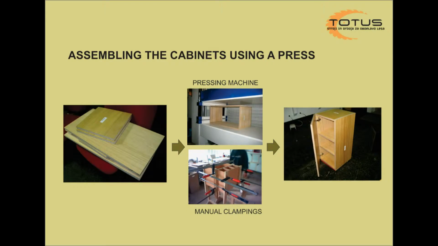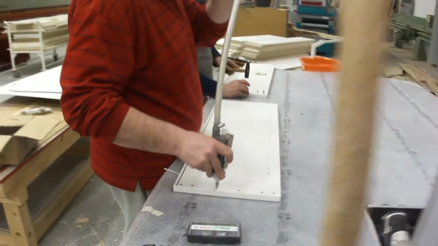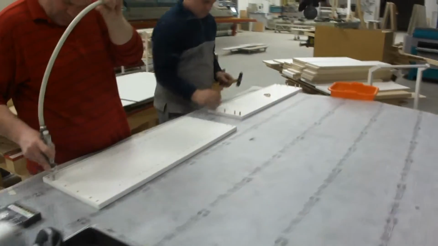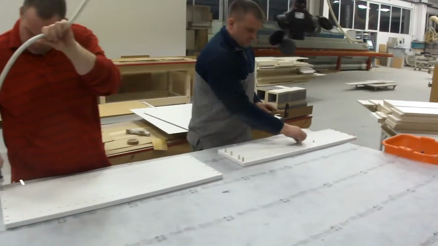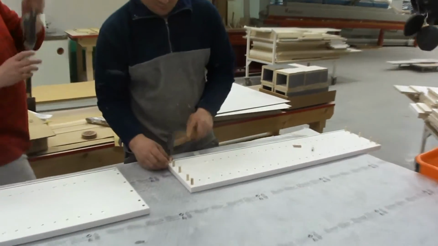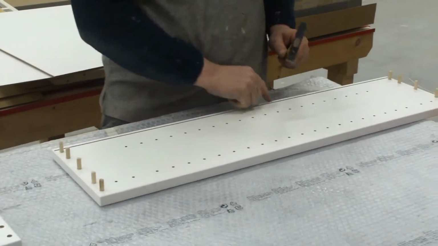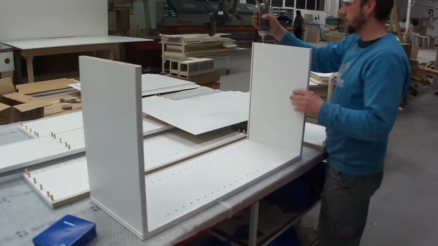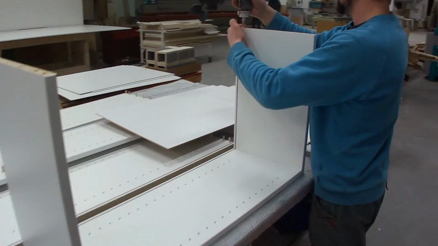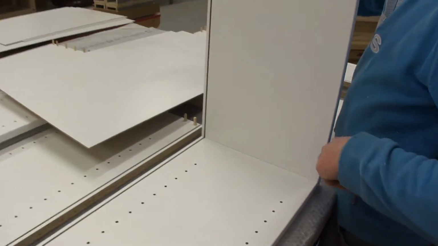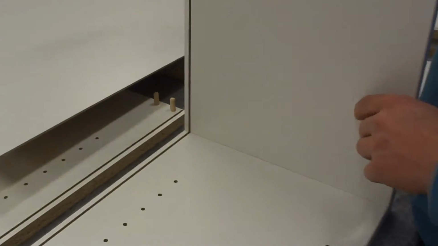As a final stage, we are mounting, assembling all these elements into final components, final cabinets. It depends on the way we are doing. Like here, you can see the doweling, gluing of each element.